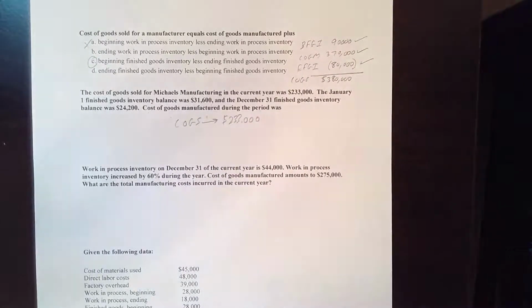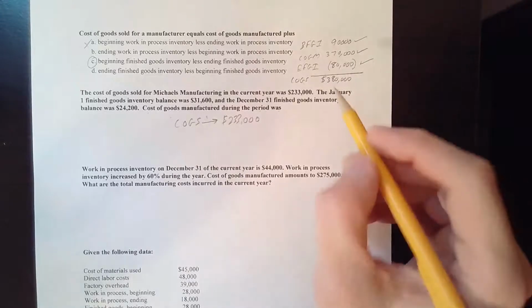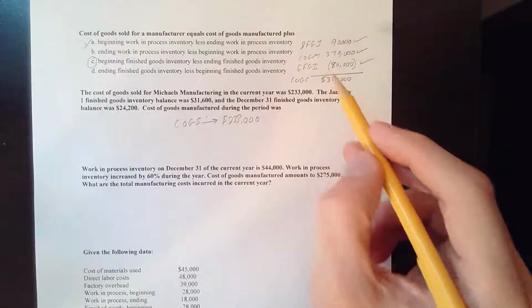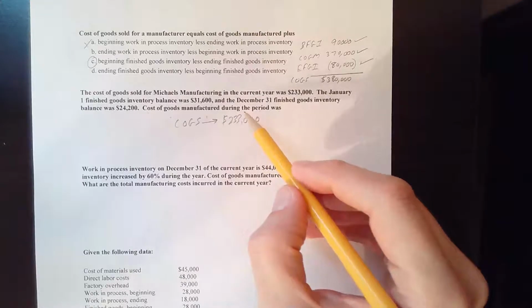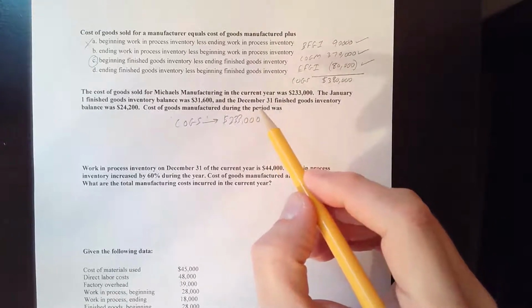And if we can understand what is a part of that cost of goods sold, we can figure out if cost of goods manufactured is either more than that figure or less than that figure. So you can look up here for a hint, but we've also got the information right here in front of us.